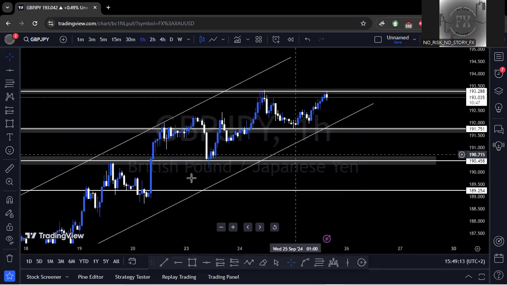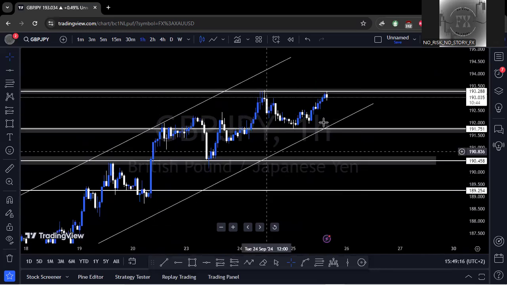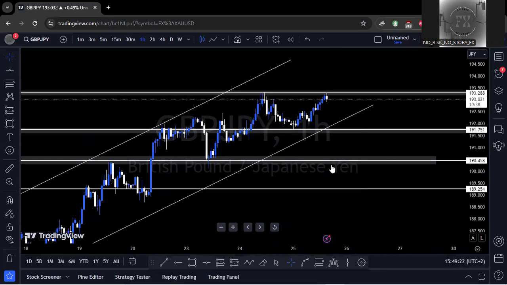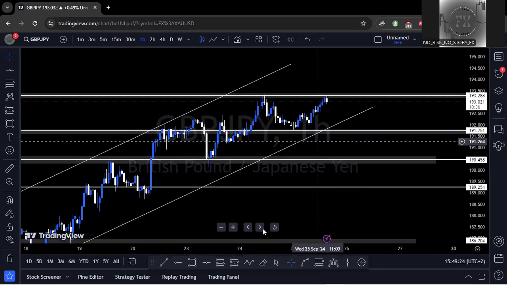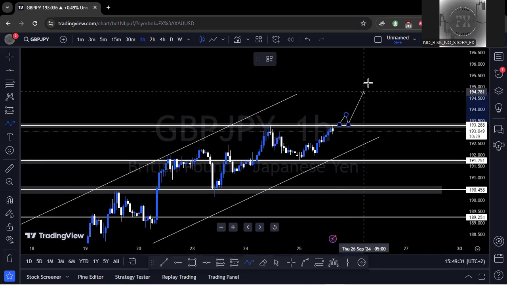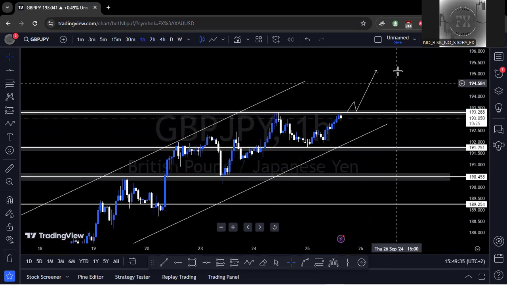So yeah, guys, as you can see, we are currently in a bullish trend, right? So how to capitalize on this one? The best thing we can do here is just wait for this market to break above here and give us a retest to then continue pushing to the upside, right?